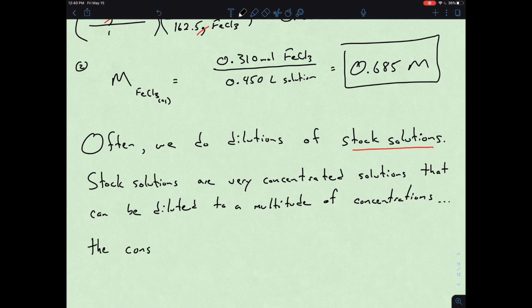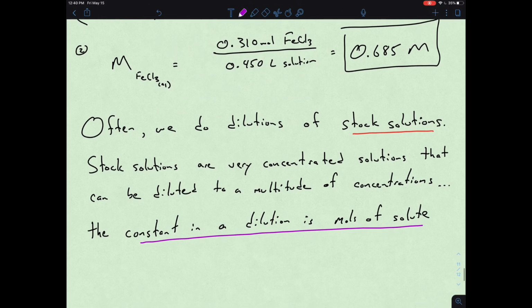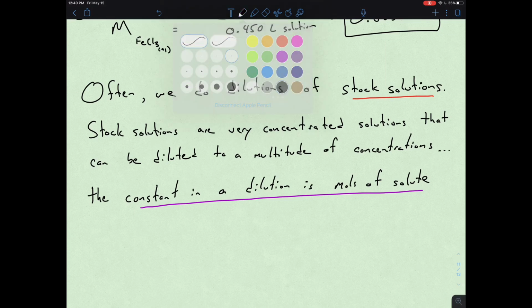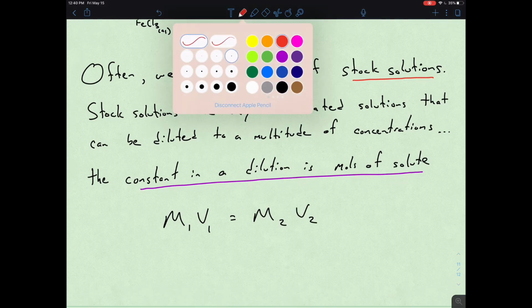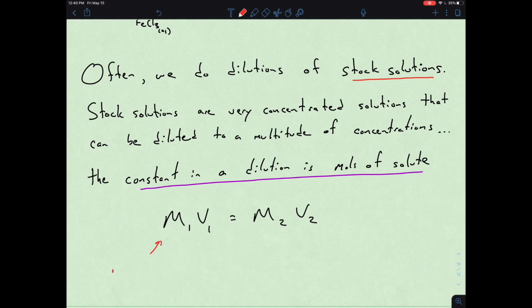The constant in a dilution is moles of solute. So that's an important feature, right? And we have an equation that can really describe that in terms of M1V1 equals M2V2, where here we have on the left side a molarity and a volume, and this would be conditions 1.